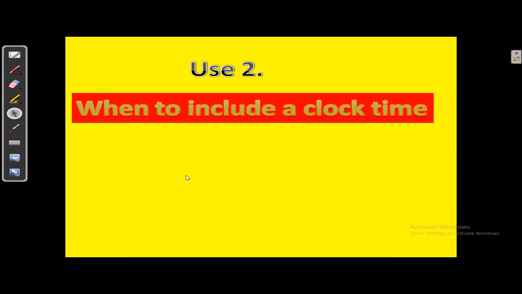Next is the second use, that's when to include clock time. Whenever we see a clock time mentioned by the use of by or at, we use the past continuous tense in that case. Let's see that. I was going to school at 8:45. The clock time is mentioned here, at 8:45.